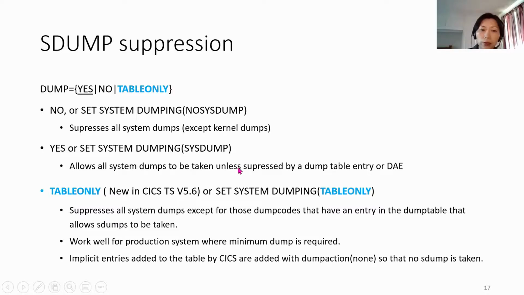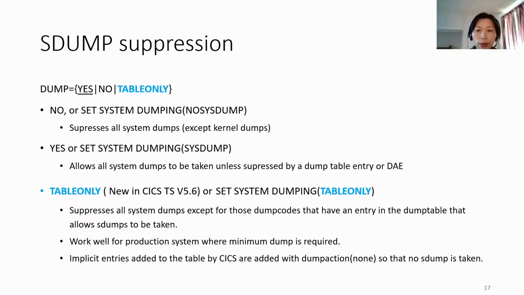But what if you want to take only the ones in the dump table, but suppress all the other system dumps? This would be particularly useful in a production system where you don't want many dumps to happen, but you do want to capture certain important dumps for diagnosis of the problem later.